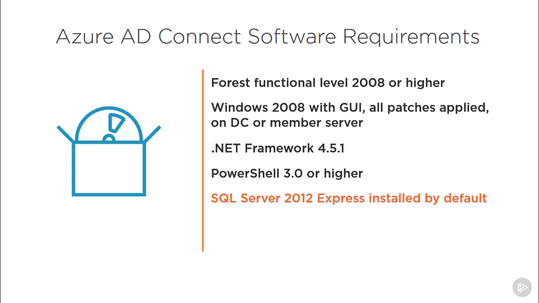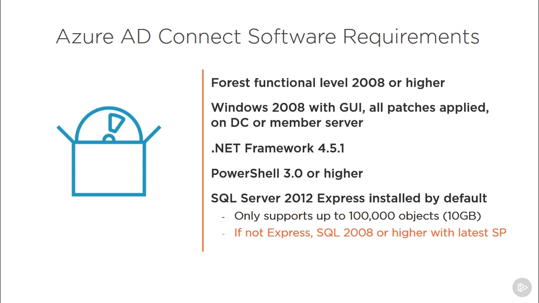Now, by default, when you install Azure AD Connect, it will install SQL Server 2012 Express. But there are some limitations with that. For instance, it only supports up to 100,000 objects, and a database can only be 10 gigabytes. So if you're going to have more than 100,000 objects, or the number of objects that you're adding is going to make that database greater than 10 gigabytes, SQL Server 2012 Express is not going to work.